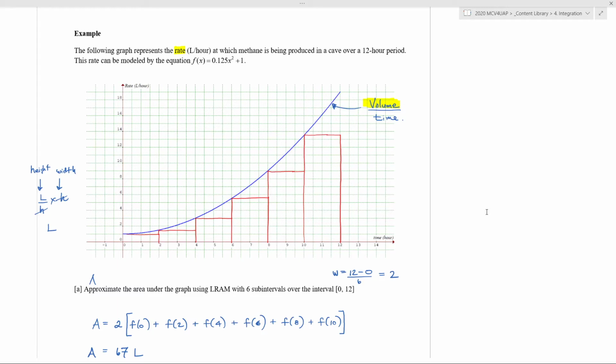And that function can be modeled by the equation given there, 0.125x squared plus 1. So that curve is a rate. The units are liters per hour, which represents volume. Liters is volume, hour is time. So we have a rate of volume changing with time.